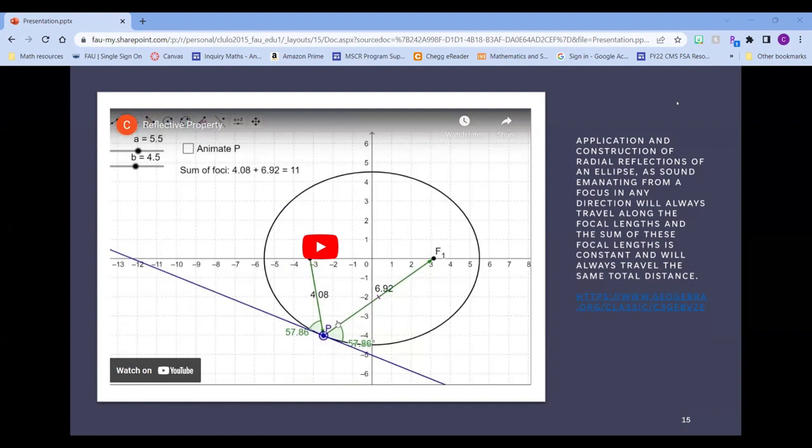The last GeoGebra illustration is very similar to what we saw earlier, but I'm going to explain a little bit how it is used within real life in terms of sound. So there are several examples of how this radial reflection is used within the real world in the sense of architecture.